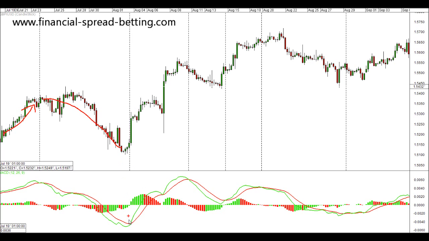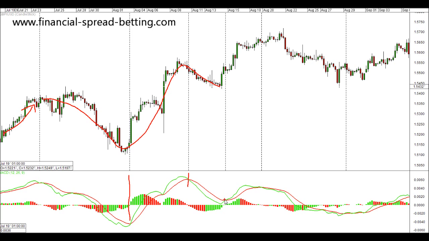We have another crossover here, being a bullish crossover, signaling that price could appreciate or go on the upside, and it does. We have another crossover here, a bearish crossover, and price depreciates.